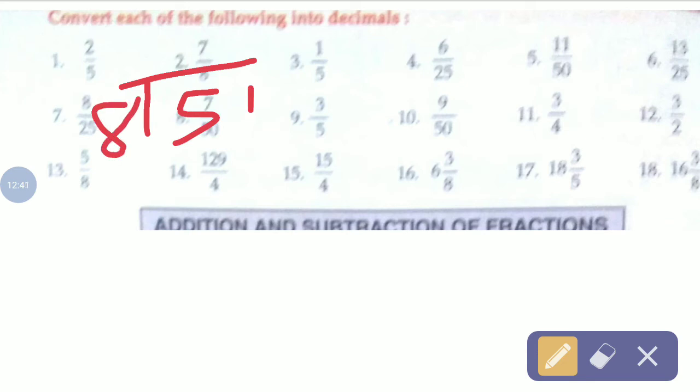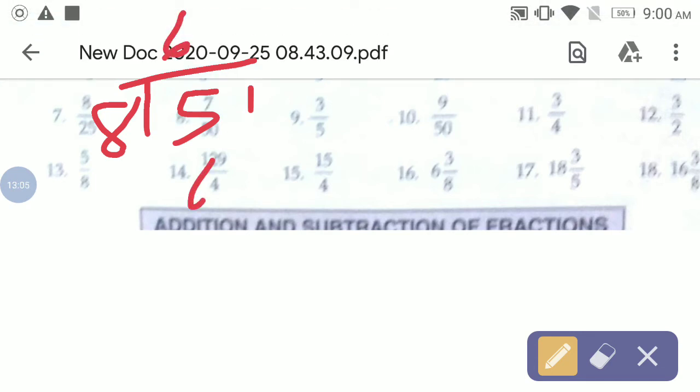So what you are going to do, 51 upon 8 means you have to divide 51 by 8. So 51 divided by 8. Now it's very simple that if the first number is not smaller than your divisor, so what you are going to do, you will directly divide it. That is 8 6s are 48 and then you will have here 3.